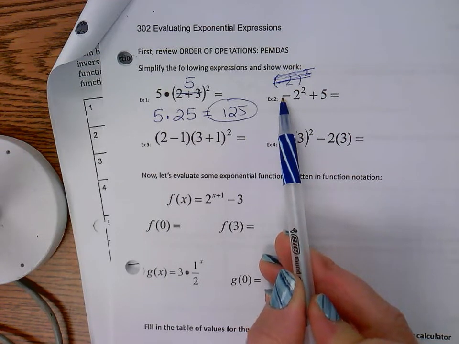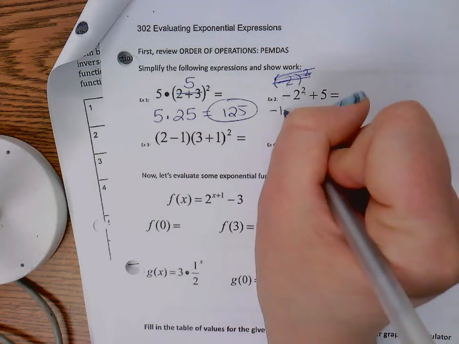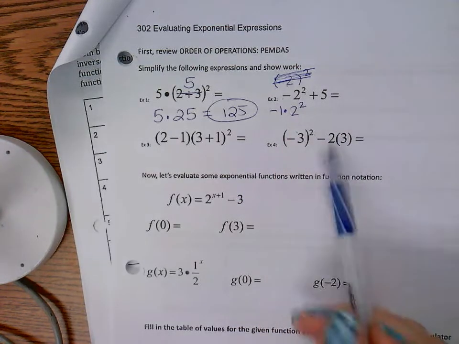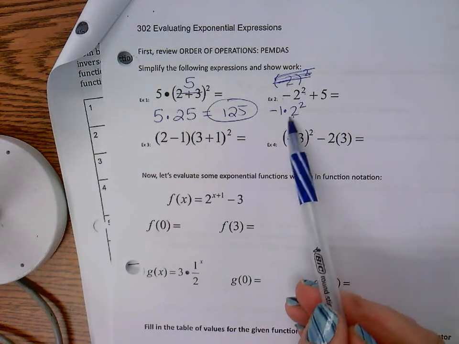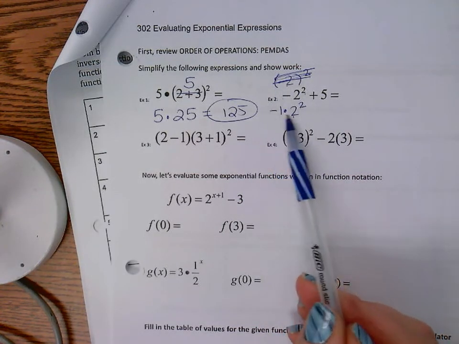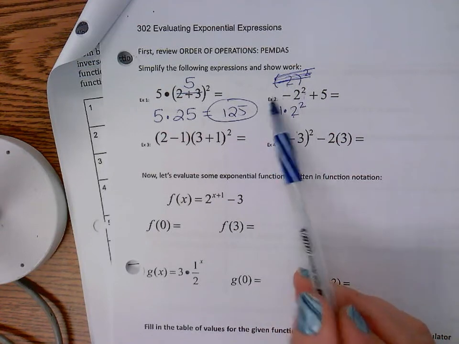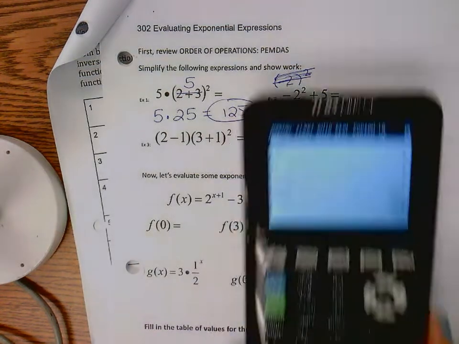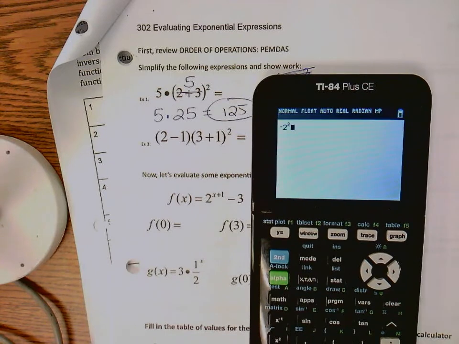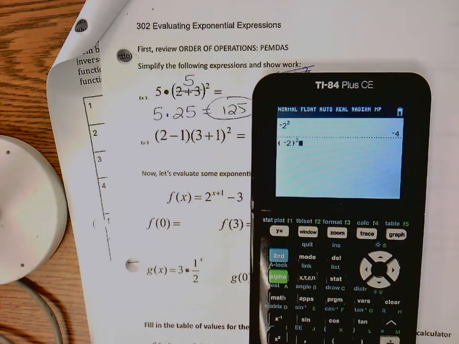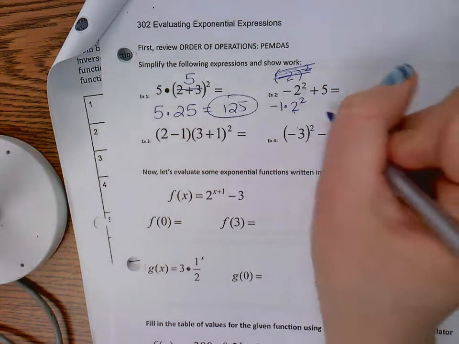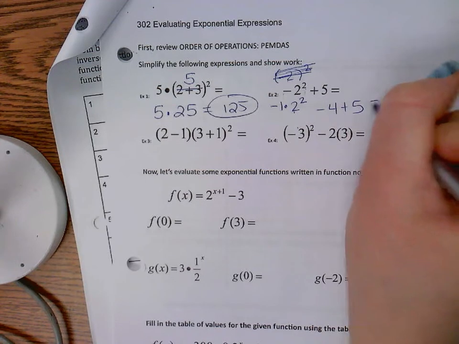But really, it's -1 as a coefficient, and then the 2 is what's being squared. So this is really -4. So -2 squared, if you do it on your calculator, -2 squared without a parentheses comes out as -4. -2 squared with a parentheses comes out as +4. So this is really -4 plus 5, which is 1.